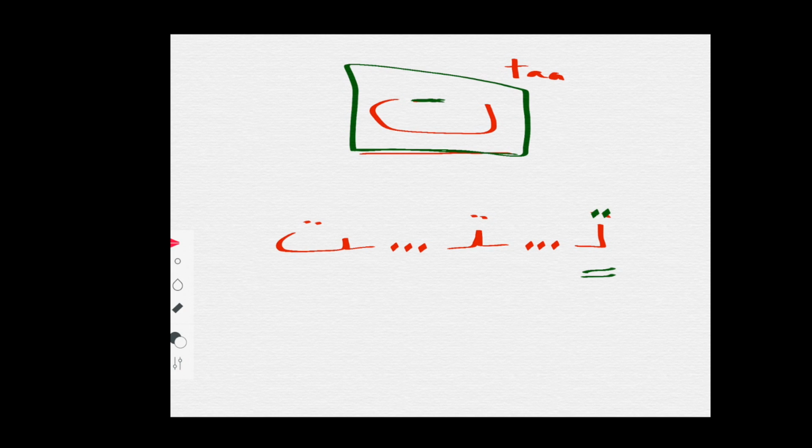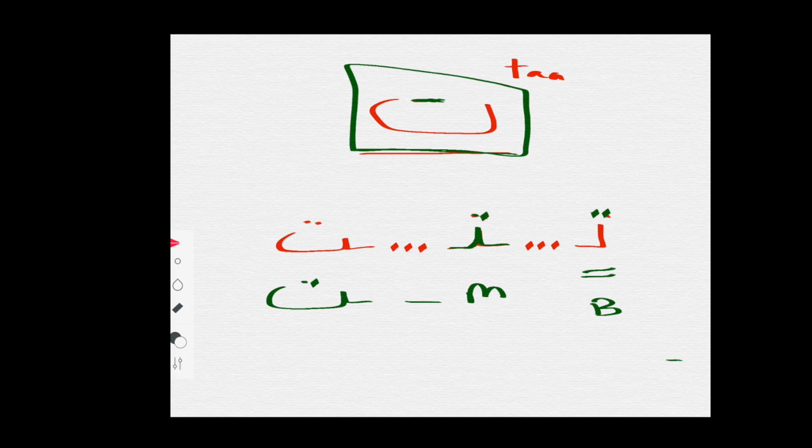And if we look below, that's the shape of the letter Ta written at the beginning of a word, that is the shape of the Ta written in the middle of a word, and finally that's the shape of the letter Ta written at the end of a word. Let's try, and if you could practice with me, writing this again.